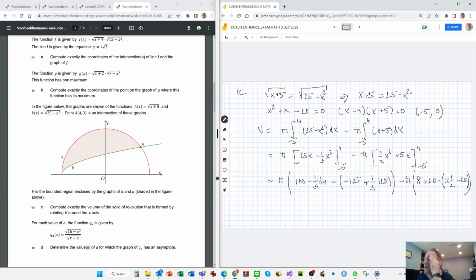So I get pi times 100, 225. And these, let's add these two. 64 plus 125 is 189.